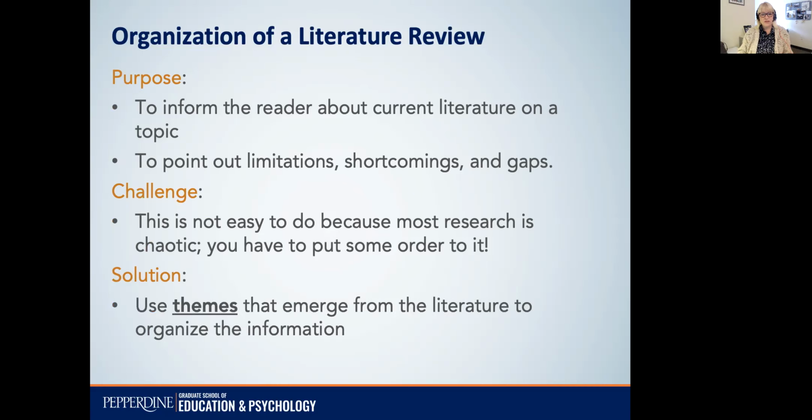So using those themes and thinking about it big picture, stepping away from what you're reading and not getting too deep into the weeds of each individual study. You're looking at their findings and pretend like you're explaining the findings to, you know, a niece or a teenager or something. How could you say that in a simple way?